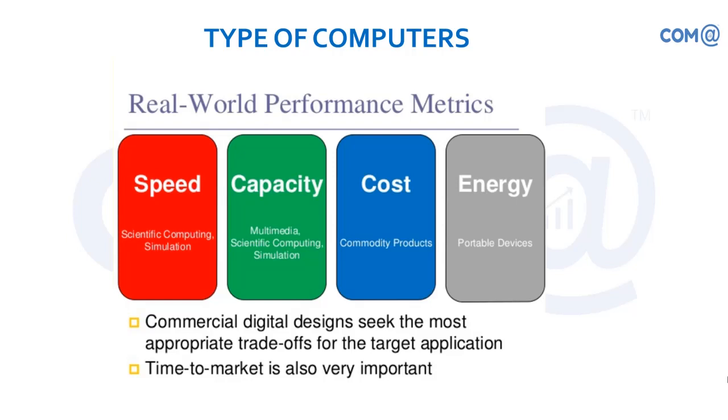We have to see the speed of the processor and memory, the capacity of the hard disk and memory, whether all the things support the existing ones or not, the cost of the devices and their energy consumption, because we are going to use it for long hours. So we measure how much power a system will take, and based on all the results we say whether the computer is recommended for purchase or not.